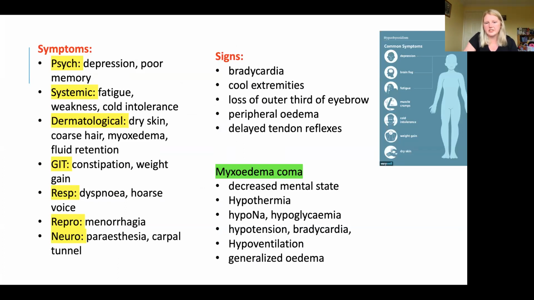And thinking about the signs of severe disease as the case of myxedema coma, such as the mental state impacts and effects on temperature regulation, effects on electrolytes and glucose levels. So as you can see, the effects of the thyroid are wide reaching. You can consider all those figures when assessing the patient.